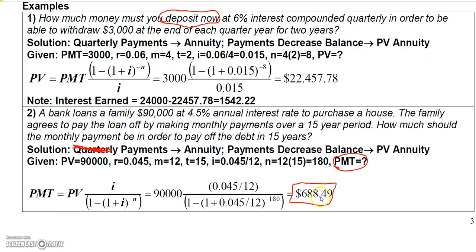But the $688.49 is the amount of money that you're paying. That's called P&I, principal and interest.